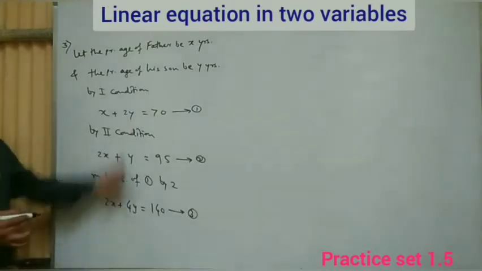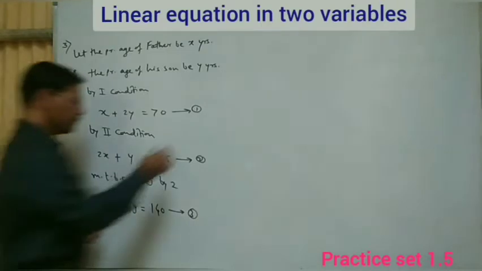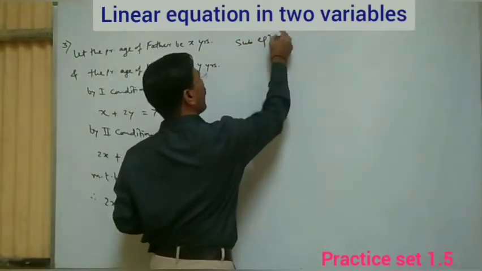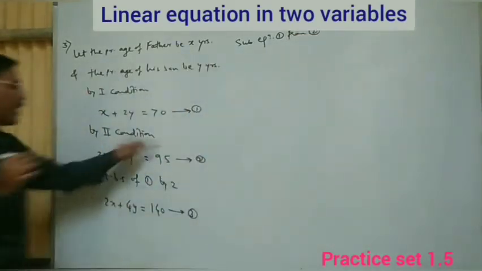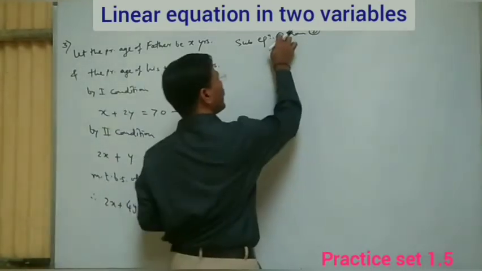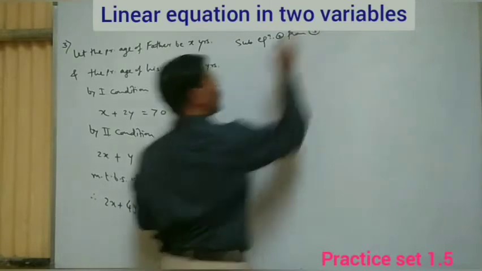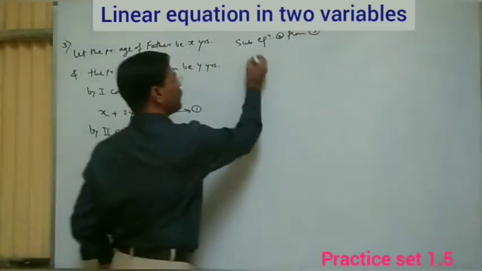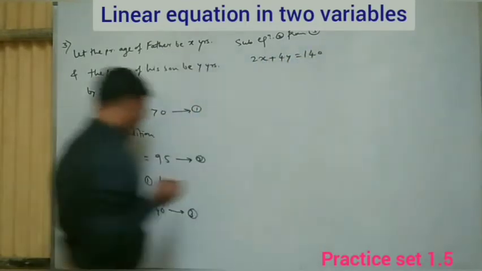Now equations 2 and 3. Just look here. 2x, so subtraction. So subtract equation 2 from 3. From 3 means I will write first this one. It's 2x plus 4y is equal to 140.